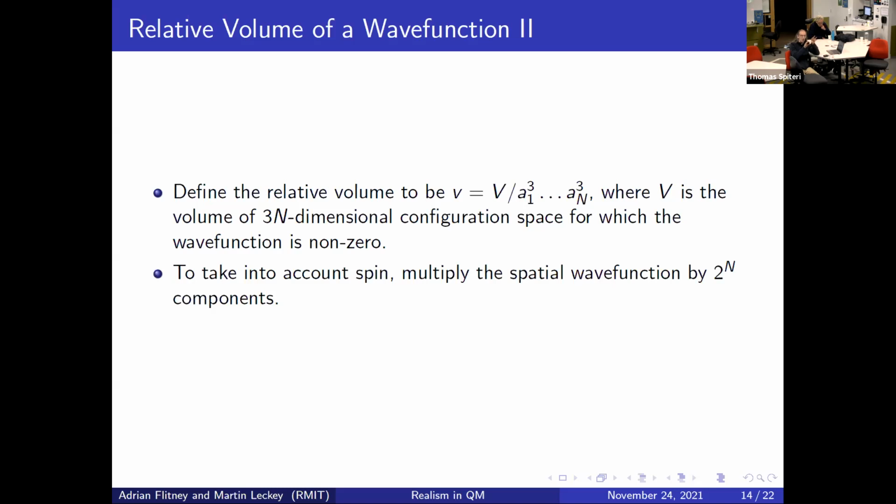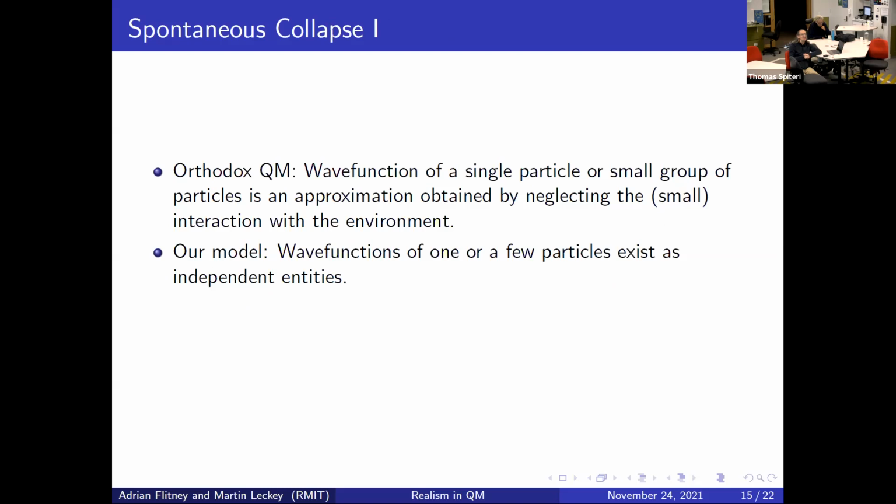It's the number of cells for which the wave function in configuration space is non-zero. And if we were to take into account spin, we would have to multiply the spatial wave function by 2 to the power n components. Now, we're not going to deal with spin, and we're only dealing here with non-relativistic quantum mechanics, but we could extend the theory to spin once we get the rest of the theory under control. All right, next slide.